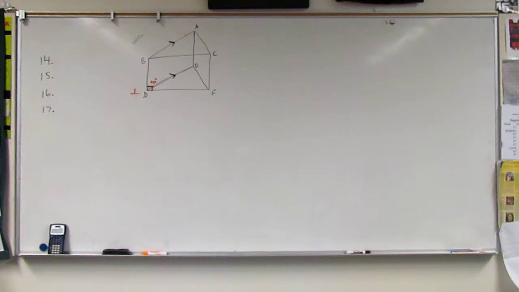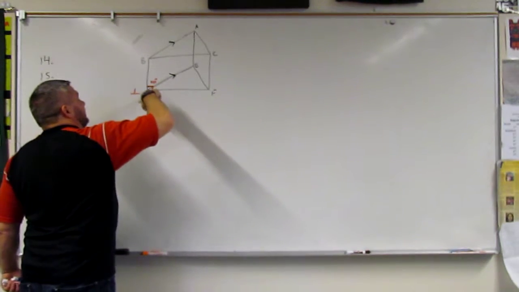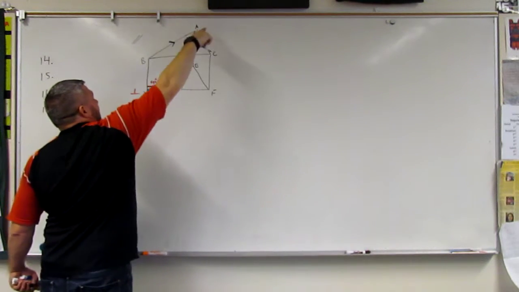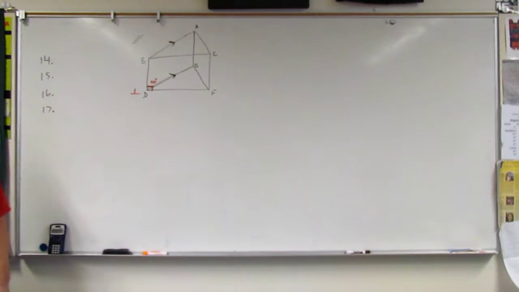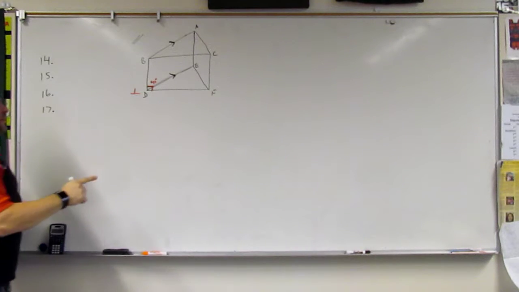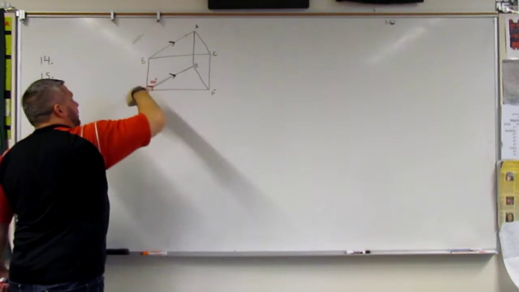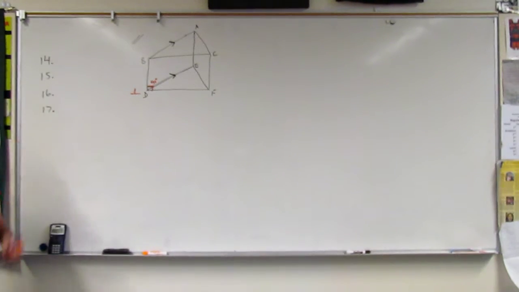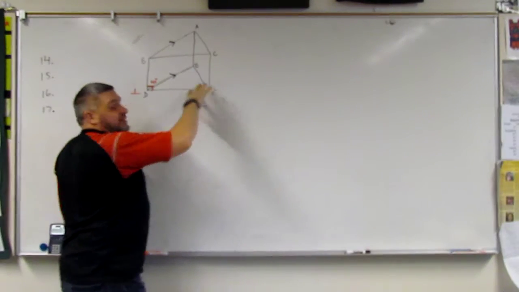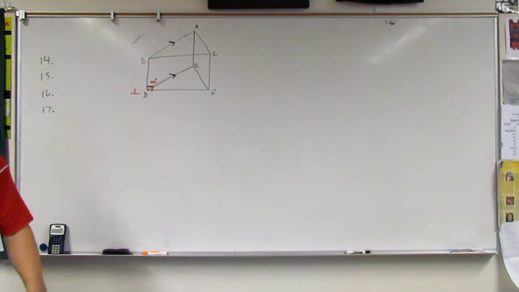We can only go with what they said. Okay? We know that D, E, and B, A are parallel. Okay? And we know that these are perpendicular. That's it. We do not know that these are perpendicular. They look perpendicular, right? But they aren't listed, so we don't know that.